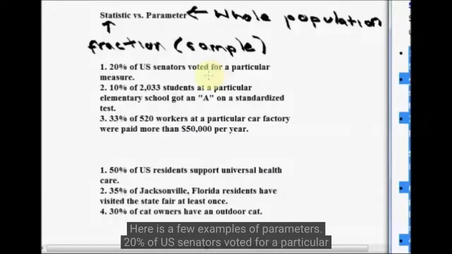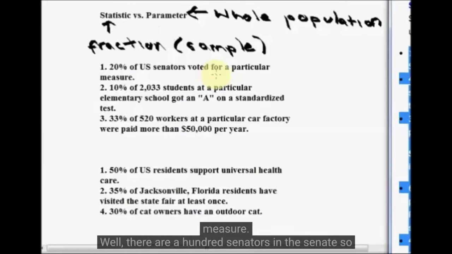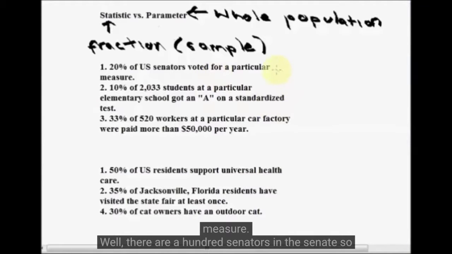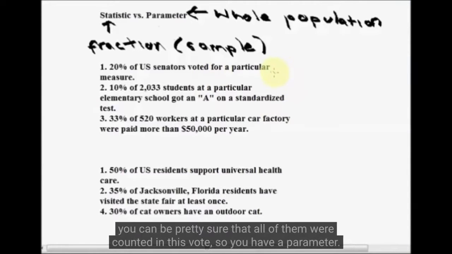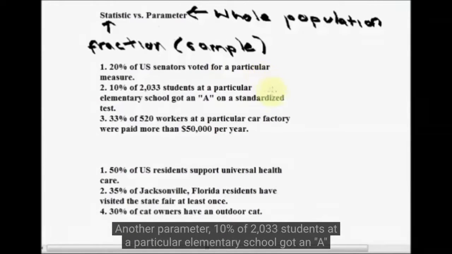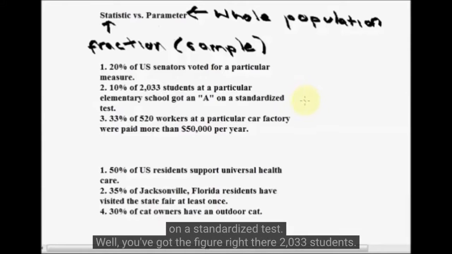Here's a few examples of parameters. 20% of US senators voted for a particular measure. Well, there are 100 senators in the Senate, so you can be pretty sure that all of them were counted in this vote. So you have a parameter. Another parameter, 10% of 2,033 students at a particular elementary school got an A on a standardized test.